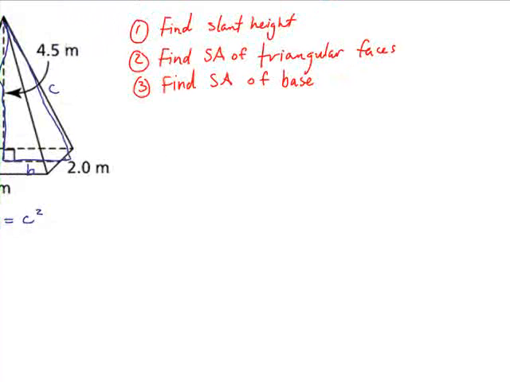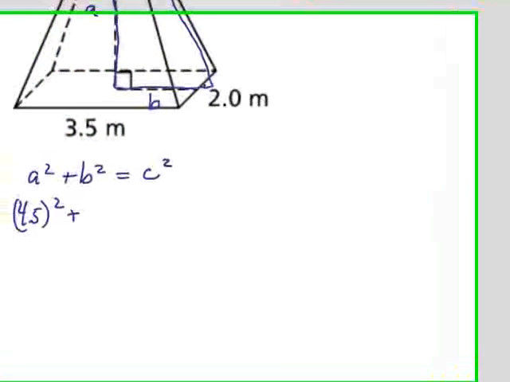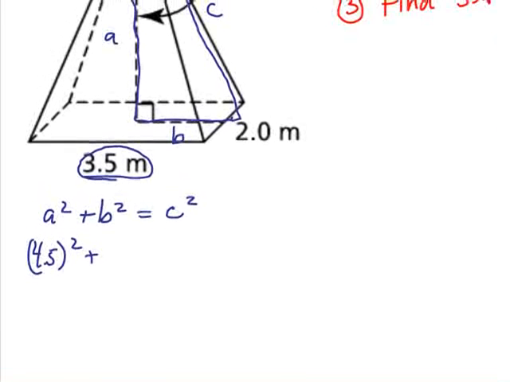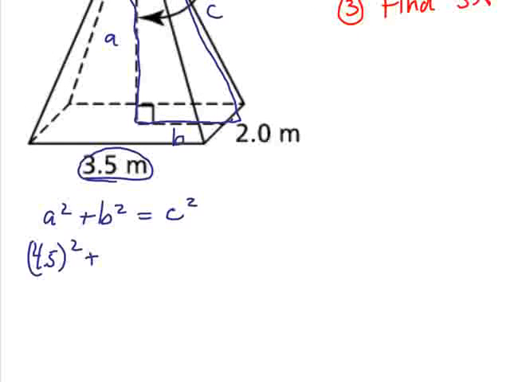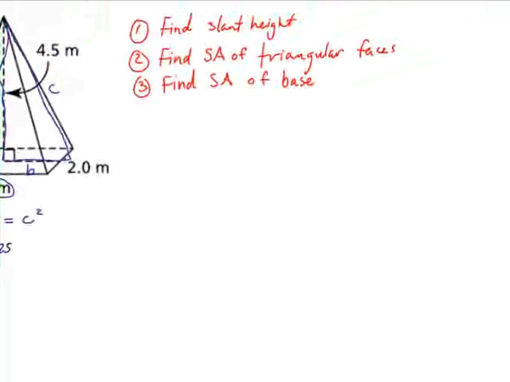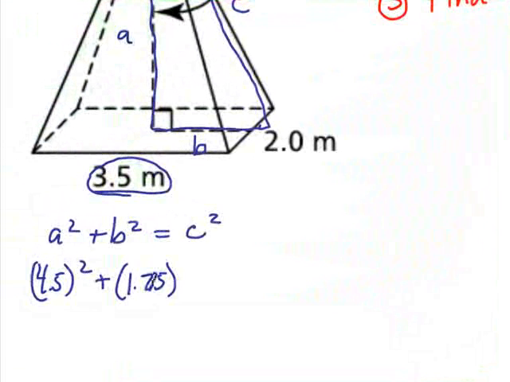So 4.5 squared plus B, which is, we see that our side of the base is 3.5 meters, but that isn't the length of B. From the diagram you can see that B is half the length of 3.5. So half of 3.5 is 1.75 squared, and that will equal c squared.